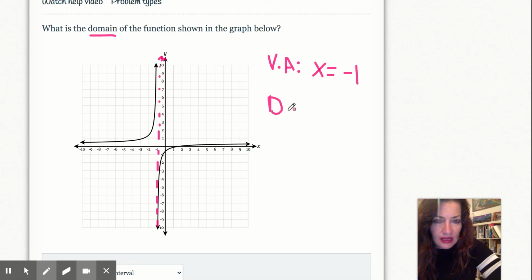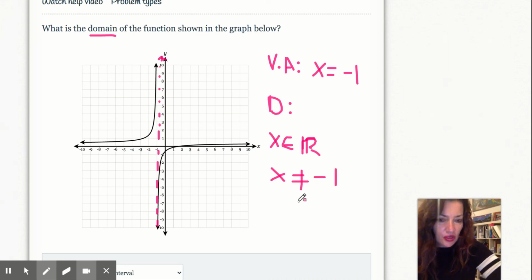That means the domain is that x is an element of all real numbers, but this little e means element, and this double line with the R is real numbers. And then we can say where x does not equal -1.